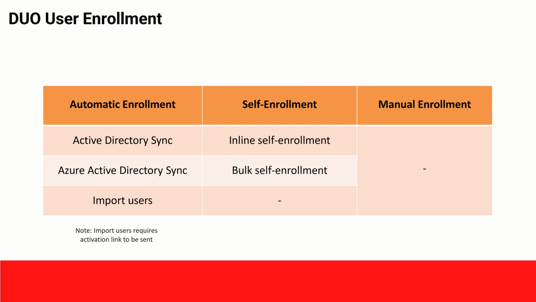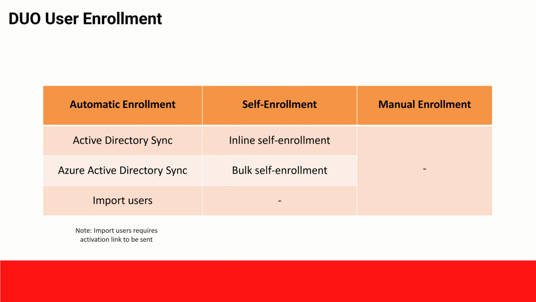The user enrollment. There are multiple user enrollment options available in Duo. One is automatic enrollment, second is self enrollment. In automatic enrollment, you can directly sync Duo Cloud or the Duo admin panel with Active Directory. You can sync it with Azure Active Directory, or you can import users using a CSV file.